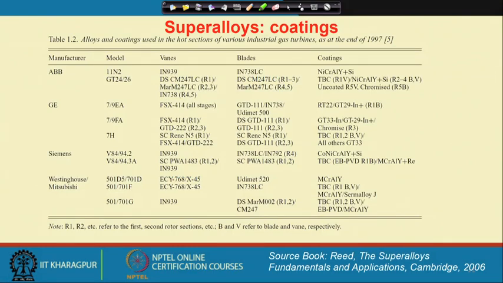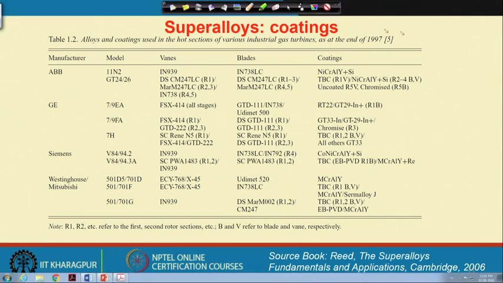There are several coatings that are commonly used today, and you will see a summary of them here. These are manufacturers like General Electric (GE), Siemens, ABB and Mitsubishi. There are various models of their turbine engines, and they have the vane and blade and the coating.